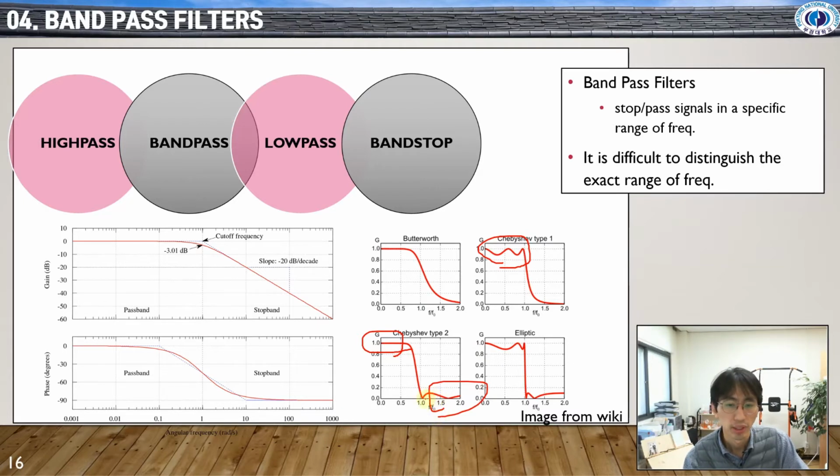We want to stop all the higher frequencies, but if we use this type of filter, we also get some higher frequency signals. There are some more types of filters, but there is no perfect filter yet.